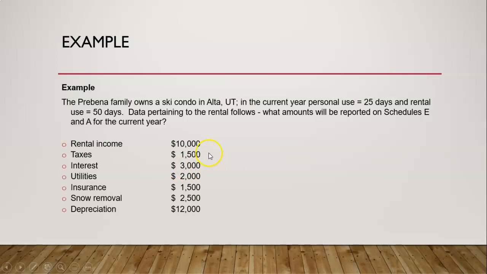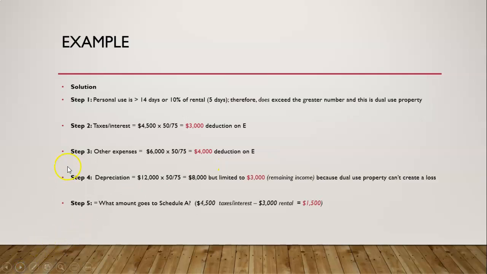Okay, so 1,000 I'll get to take of rental for the taxes, and 2,000 I get to take for interest. So we can see the total taxes and interest was 4,500 times the 2/3, the 50 divided by 75, is 3,000 total that we can deduct on Schedule E.